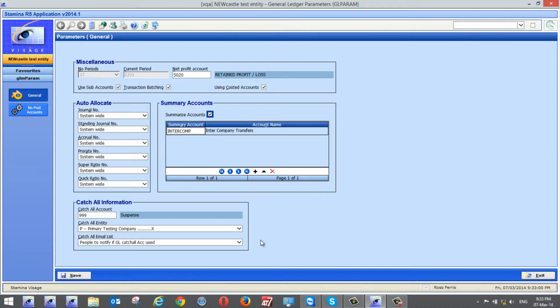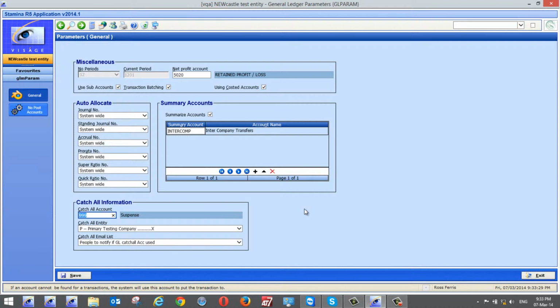And if that's the case, and you're doing an update of the system, what the posting processes will actually do is, rather than abort, they'll say, look, I'll use this catch-all information, so if you didn't nominate a general ledger account, it will use this account, or if you didn't nominate an entity to be used, it will use whatever entity you nominate here, just to ensure that that posting will physically go through.